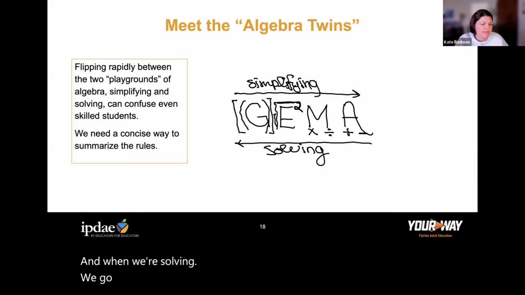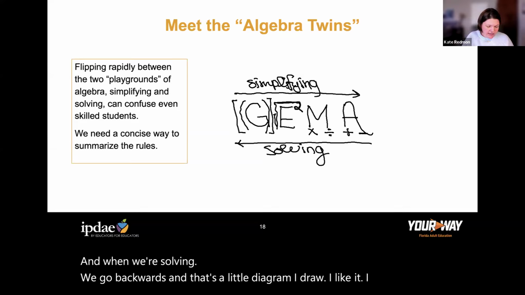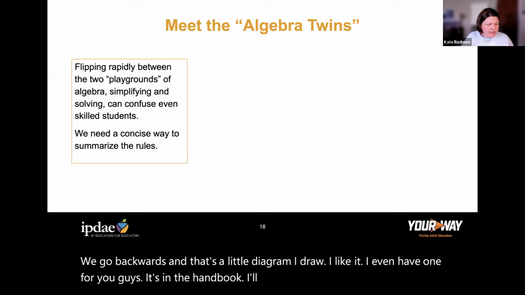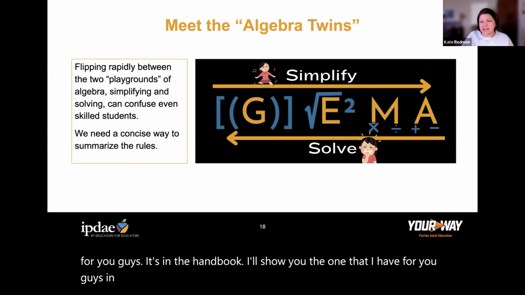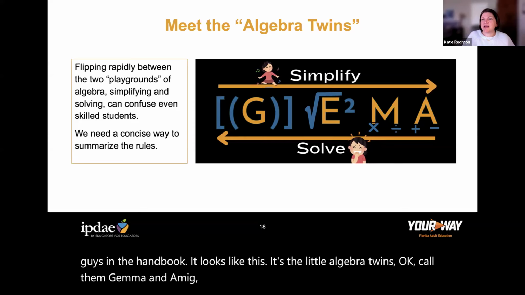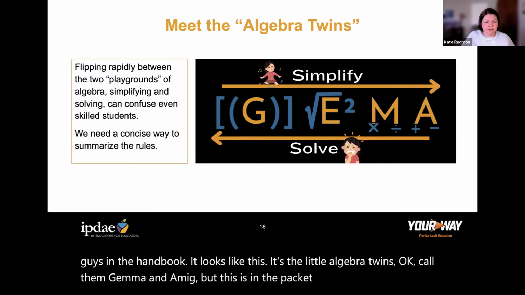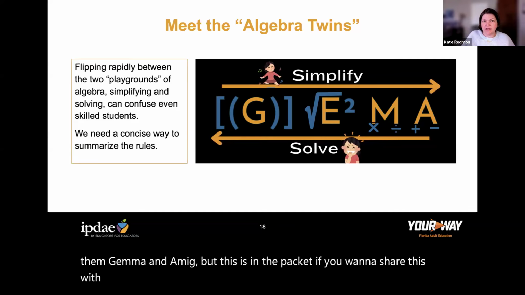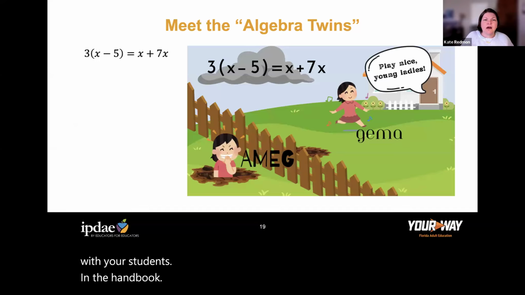And that's the little diagram I draw. I like it. I even have one for you guys. It's in the handbook. It looks like this. It's the little algebra twins, okay? Call them Gemma and Ameg, but this is in the packet if you want to share this with your students in the handbook.